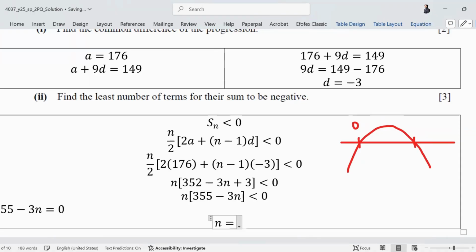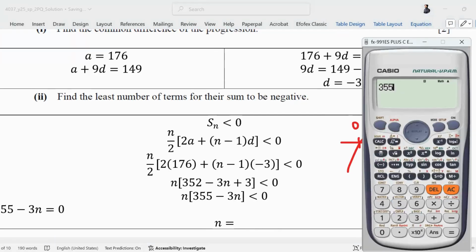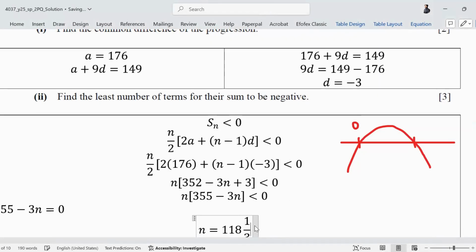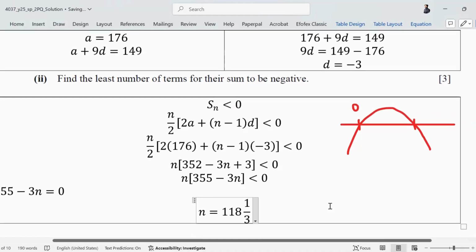So the value of n is 355 divided by 3, which is 118 and 1 over 3, or 118.3 recurring.